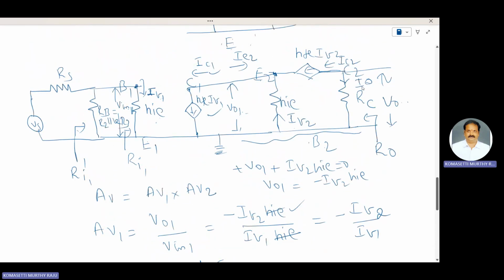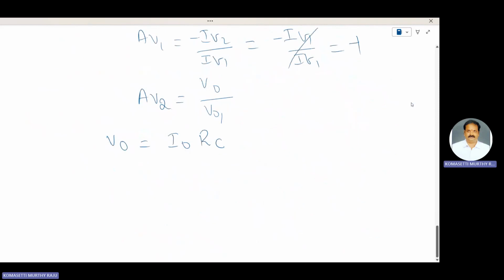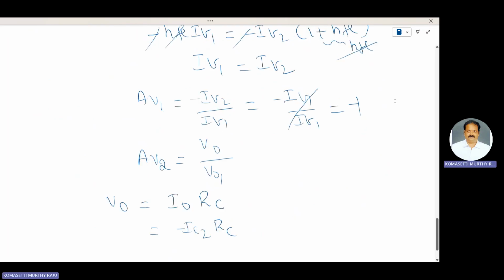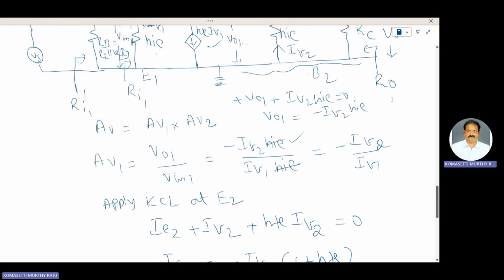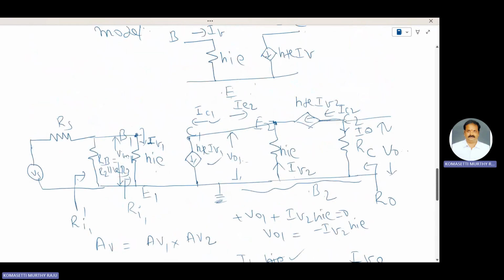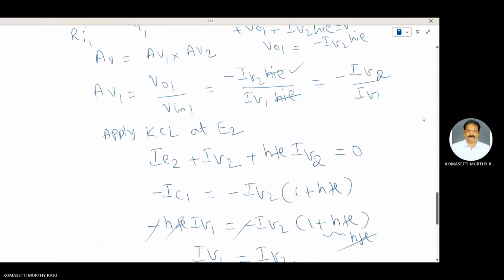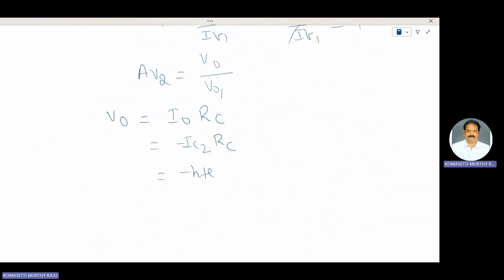Here I0 and IC2 are in opposite directions. Therefore, V0 is equal to minus IC2 into RC. IC2 is equal to HFE IB2, both are currents. So minus HFE IB2 into RC, that is V0.